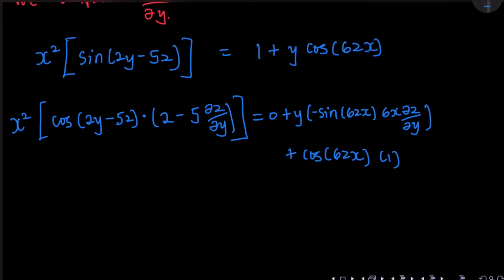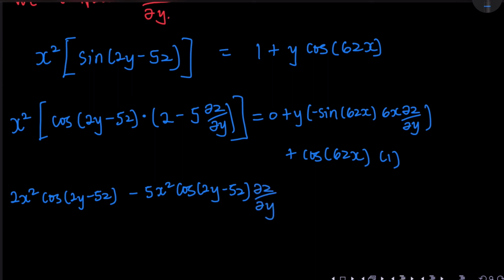Simplifying the left hand side, we are going to have 2x squared cosine of 2y minus 5z, then minus 5x squared cosine of 2y minus 5z ∂z/∂y is equal to minus 6xy sine of 6zx ∂z/∂y plus cosine of 6zx.